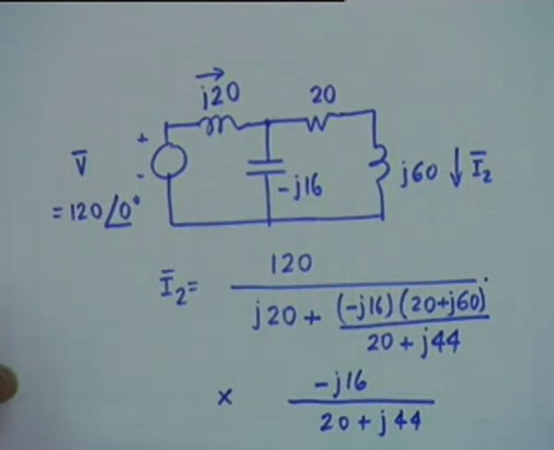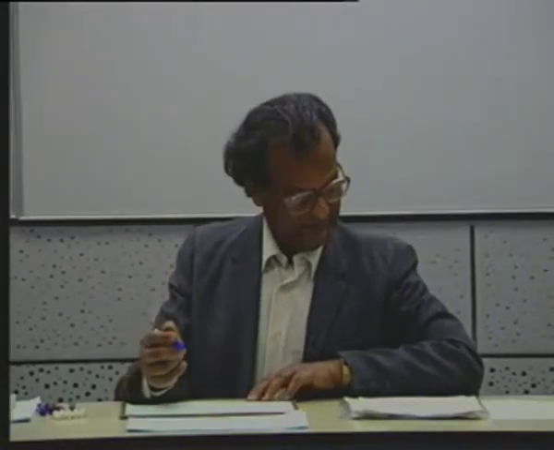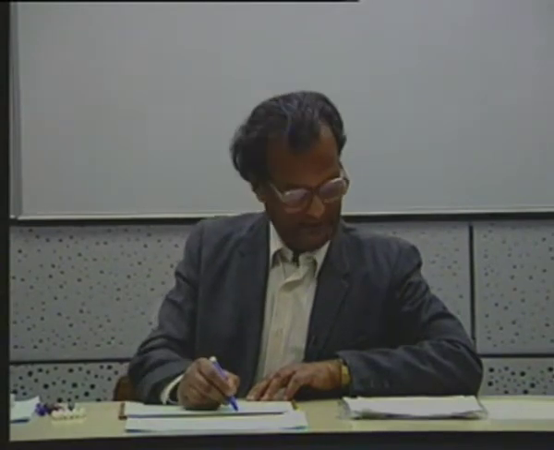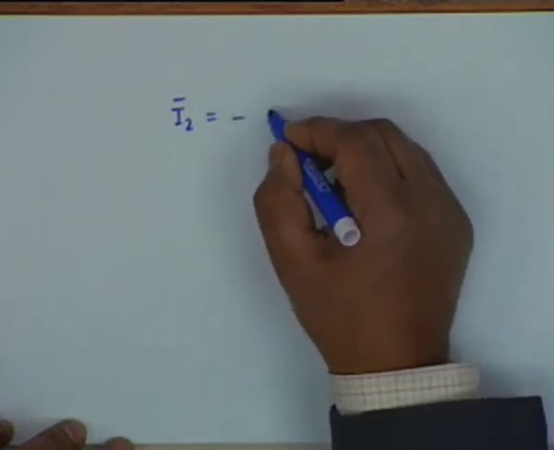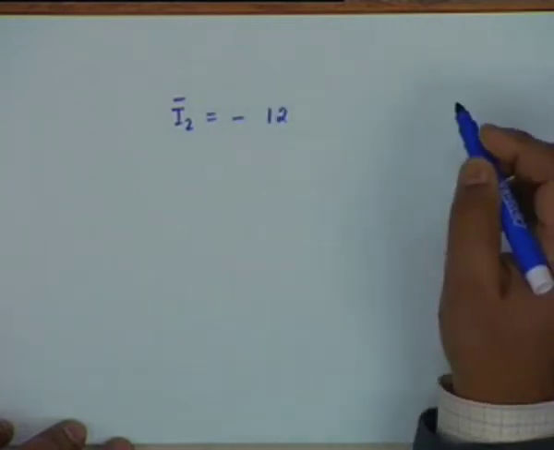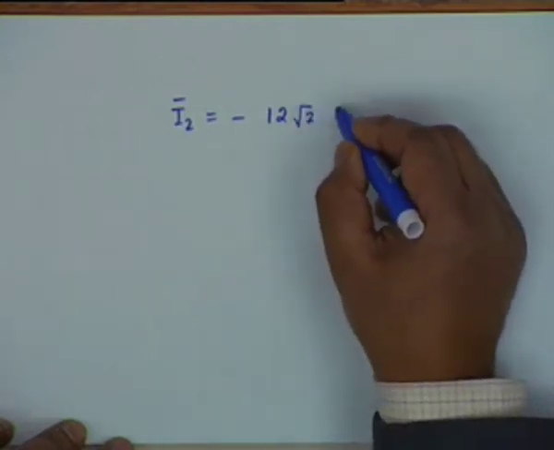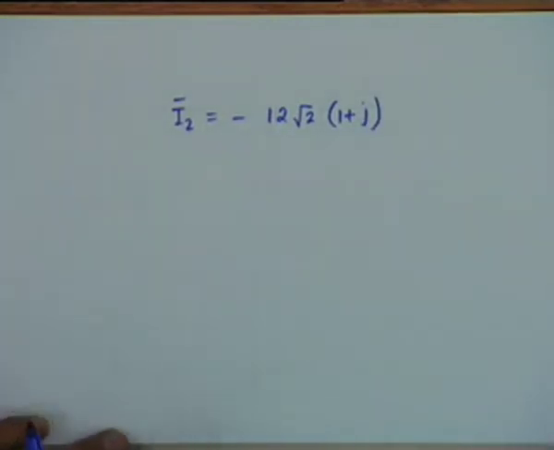Now the next task is to simplify, and if I leave the algebra to you, the final result is I2 bar becomes equal to minus 12 root 2 (1 plus j). I hope I am right.